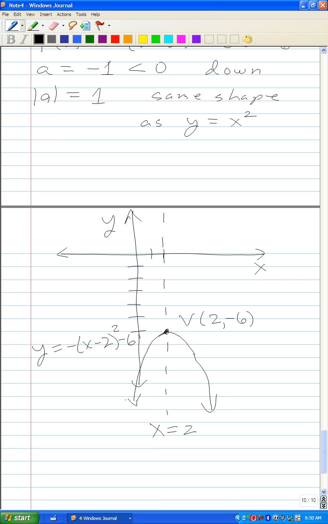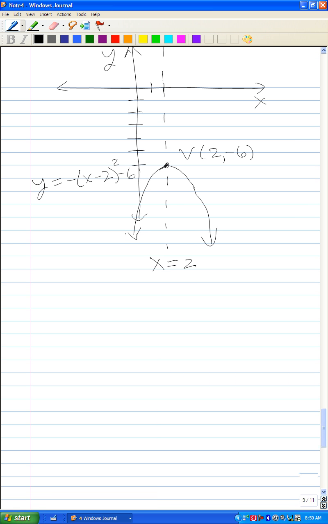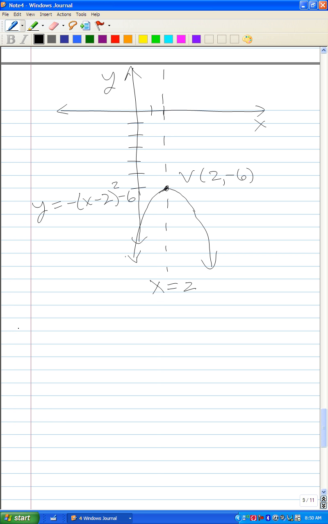Let me do problem 24. F of x equals x squared plus 2x minus 3. Find the vertex of the graph of each quadratic. Oh, I guess this is section 8.6 now. So yeah, section 8.6, page 526.